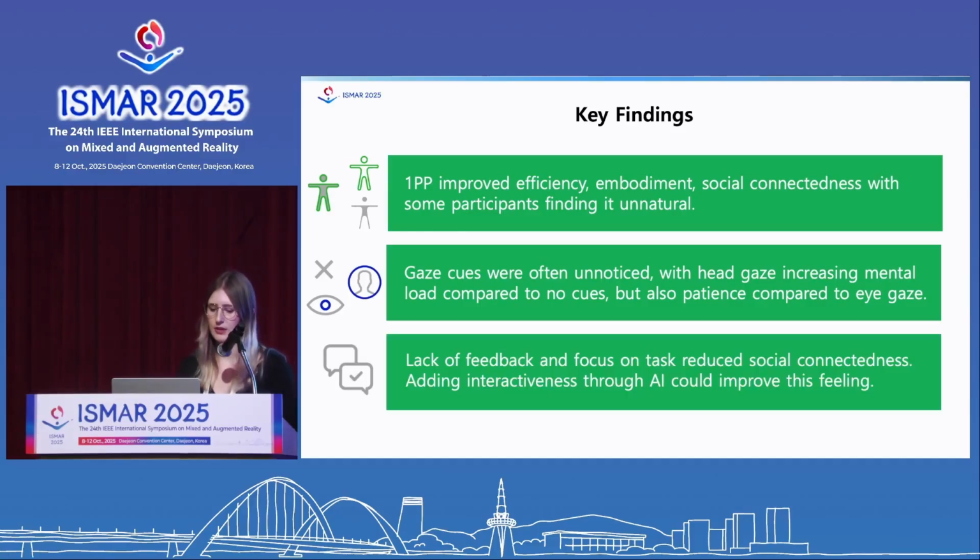In general, we noticed a lack of feedback and a focus on the task. And the focus on the task reduced the social connectedness, because the participants, as already mentioned, noticed the task more than the instructor themselves. So adding interactiveness through AI could improve this feeling. That is potential future work.